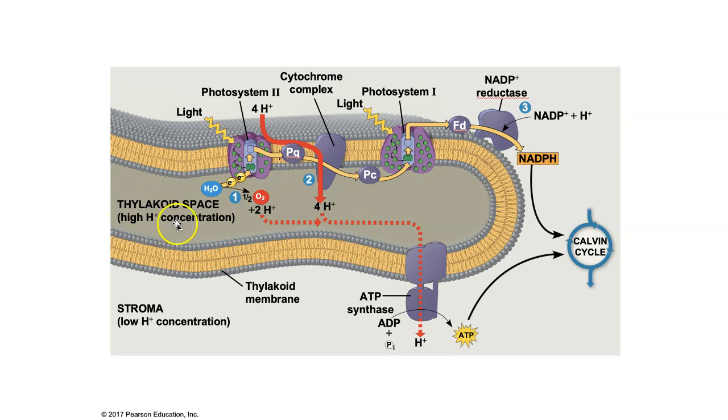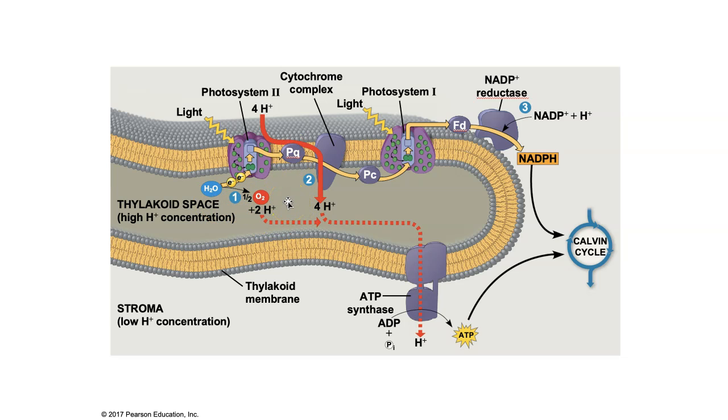Water is coming in at the thylakoid space in here and being oxidized. Oxygen is also released in here, and it's going to just diffuse out. But because water is in the inner thylakoid space here, which is where it's broken apart, the electrons are brought here, the oxygen's going to leave, but the hydrogens are also stuck in here.